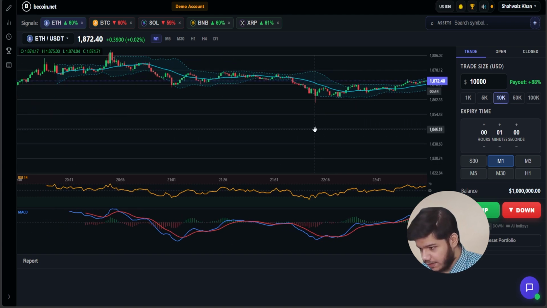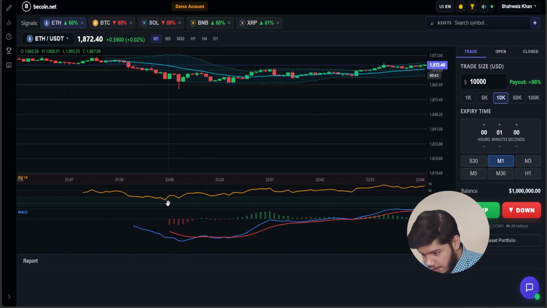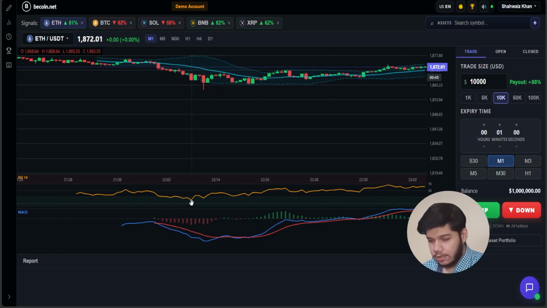Okay, so here you can see, let me adjust it a little bit. Whenever the RSI is below the 30% level, it simply means that the price is currently in the oversold region, the buying area.